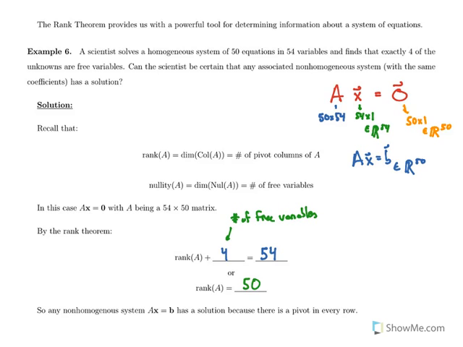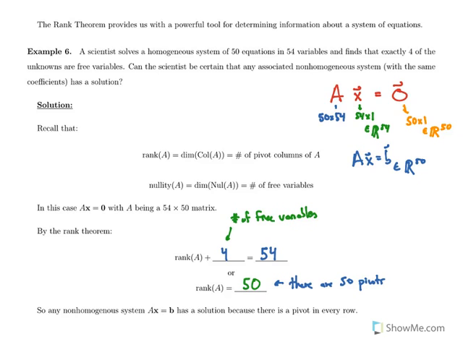And if we think about our matrix A, since it's a 50 by 54 matrix, we know that there is going to be a pivot in every row, as there have to be 50 pivots. 50 pivot columns, 50 pivots.